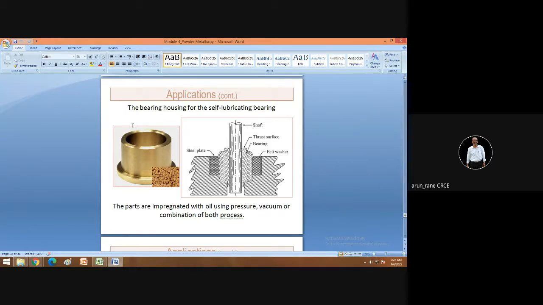So you have to focus, you have to write only related to bearings. You don't write any other applications, advantages, disadvantages or limitations, only related to bearing like this.